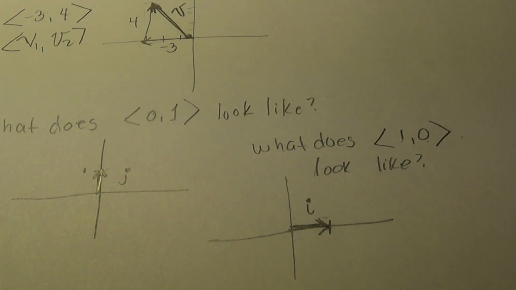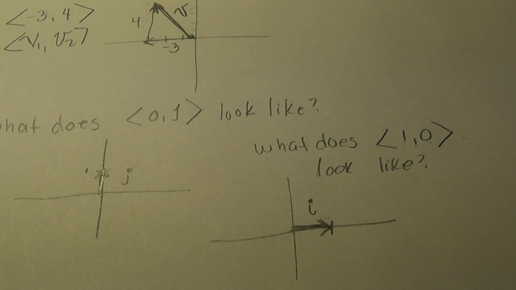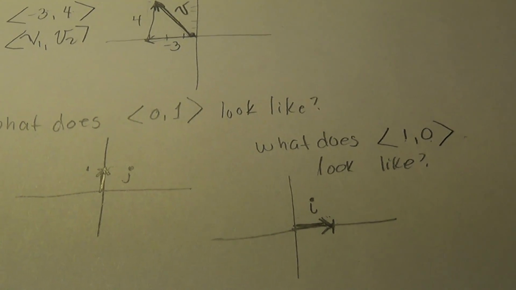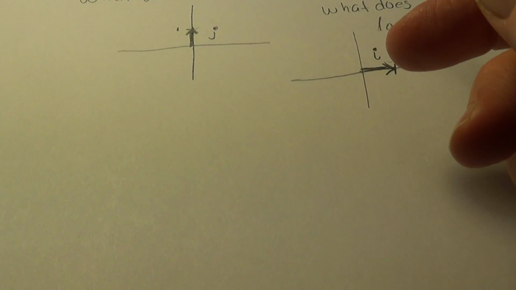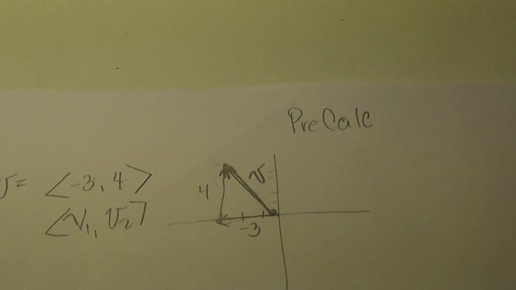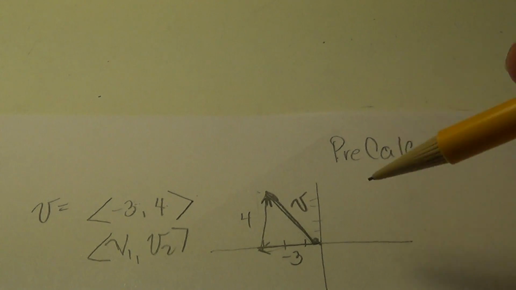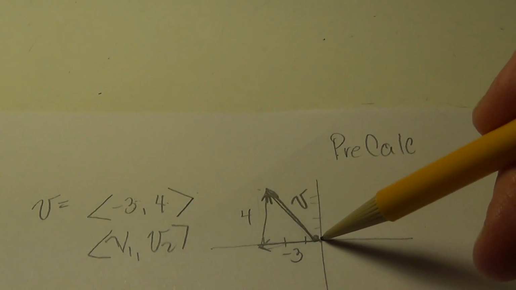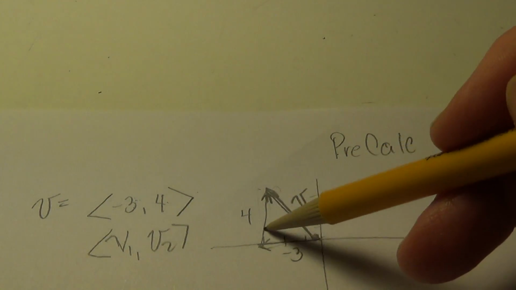Let's look at how we are going to use them and how they are important. So, remember any vector. Going back up to this one, even though it was easiest to draw it by starting at the origin, vectors can move all around.